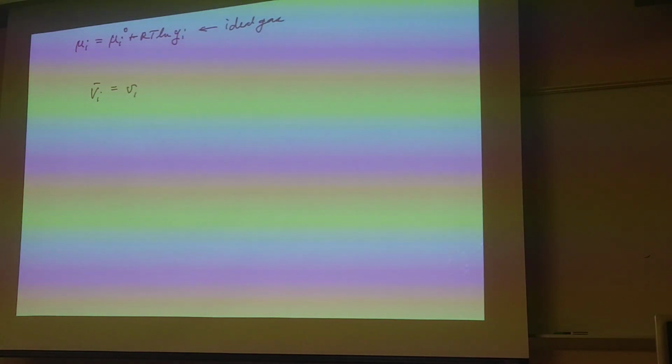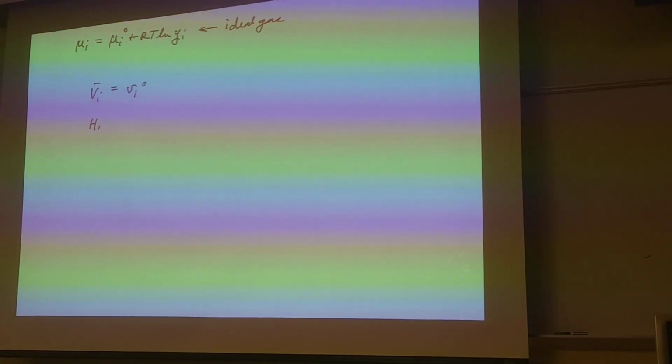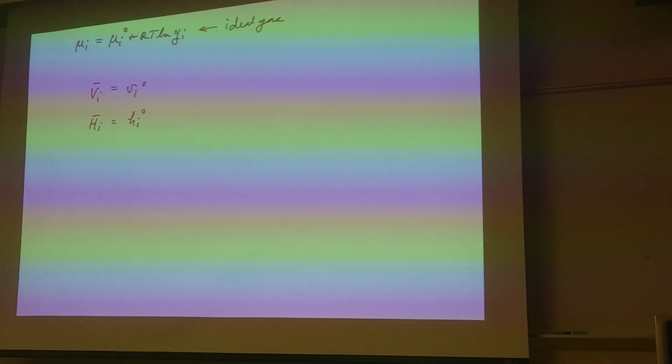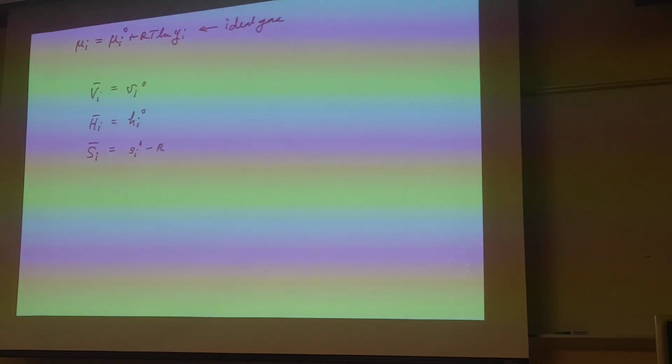So let's write a summary of the partial molar properties of ideal gas mixtures that describe the solution. Partial molar volume is equal to the pure component molar volume. For ideal gases, we know that's RT over P, but let's keep it a little more general here. Partial molar entropy is equal to little S_I^0 minus R log y.